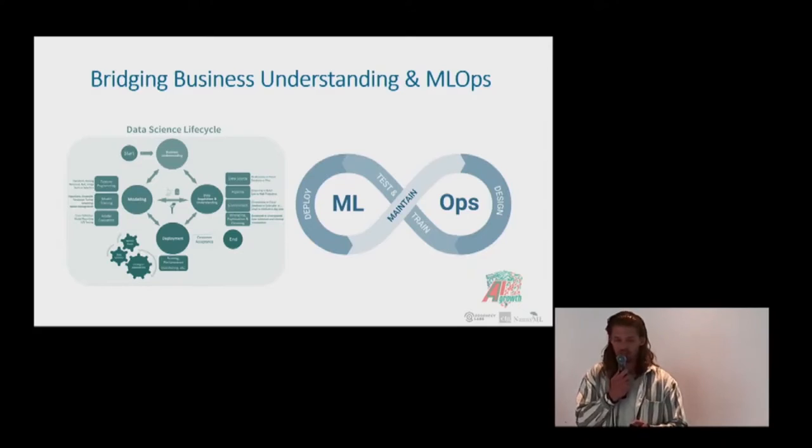They have a maintain component to them, but that feedback loop is usually only to the modeling segment, like retraining your models, whereas we believe that the feedback loop should go further back down that data science life cycle and go back to the beginning, which is business understanding. Because if your AI is changing, if the decisions are changing, if your data is changing, that contains a lot of valuable information about your business.